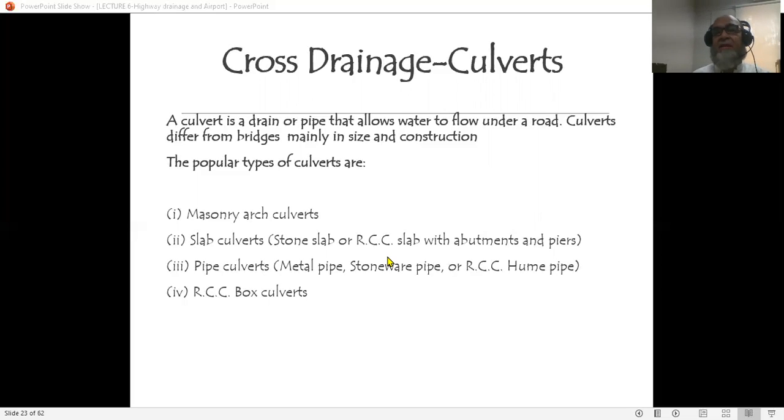Technically speaking, as the height of the bridge increases, the cost also increases. As we have seen in one of the diagrams, the popular culverts are masonry arch, slab culvert, pipe culvert, and RCC box culverts.